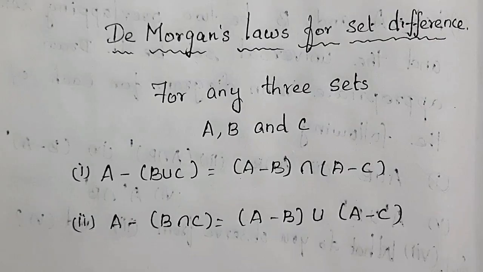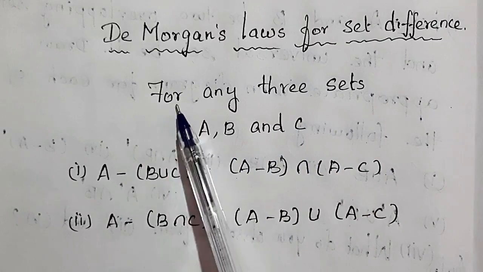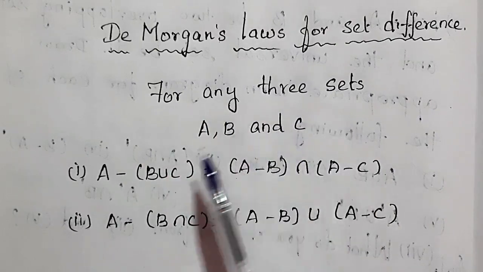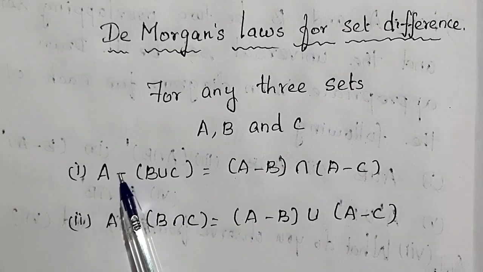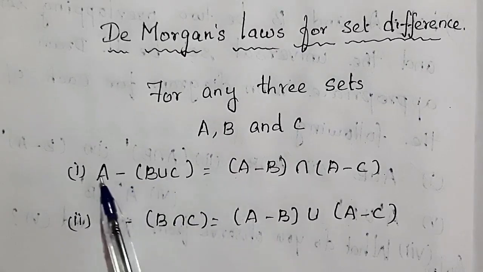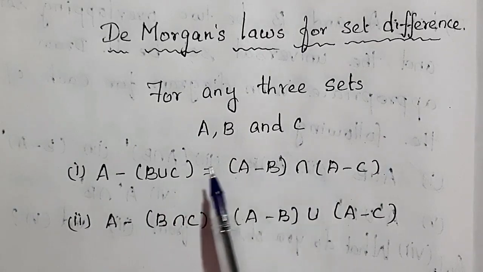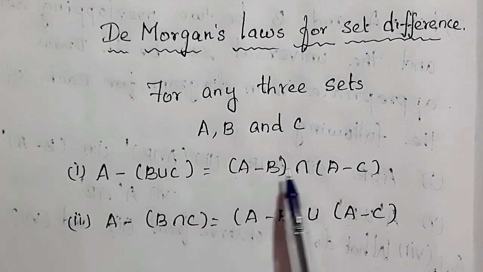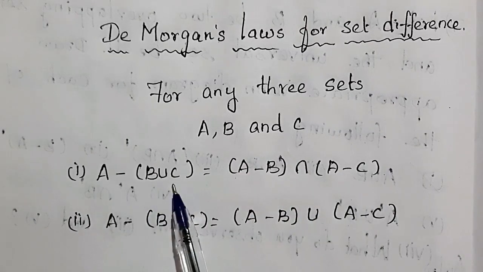Okay. Next formula is De Morgan's law for set difference. You have to learn this for any 3 sets A, B, C. So we have to use the difference symbol, minus symbol. A difference B union C equal to A difference B, then intersection. Here union, but you have to put intersection here, then A minus C. Clear?